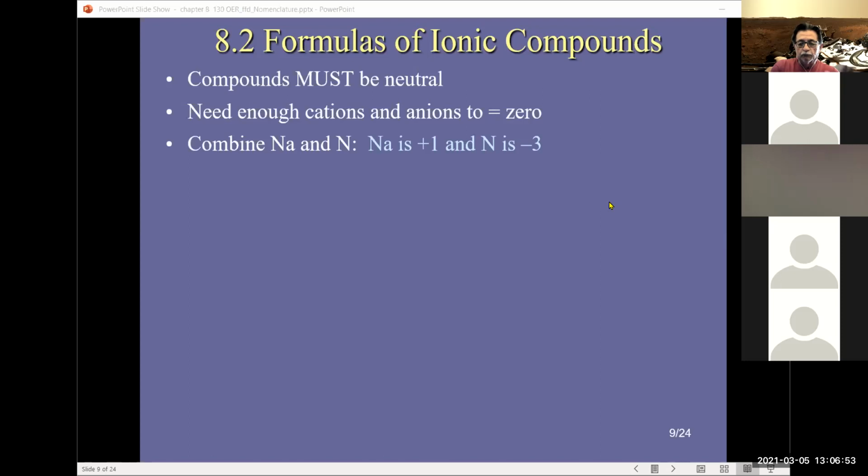Okay, so for example, they ask you to combine sodium and nitrogen. Sometimes they'll tell you, here's the elements. Well, we can't combine the elements. We have to first convert those elements into ions.